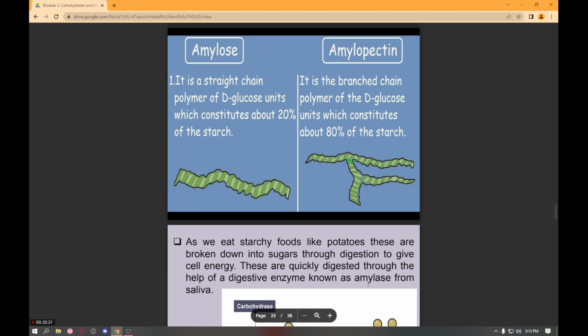As we eat starchy foods like potatoes, these are broken down into sugars through digestion. It is digested in order to give our cells energy. If it is inside your small intestine and is already a monosaccharide, it goes into your bloodstream for transportation, to distribute to the different cells and organs of the body.